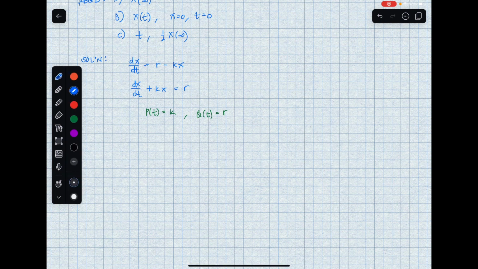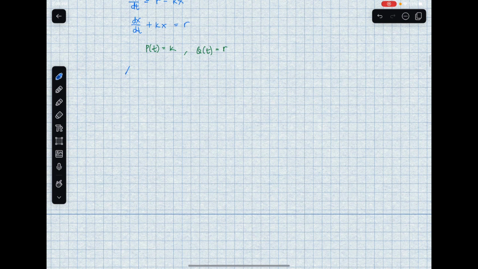So we find the integrating factor. Mu of t then is e raised to integral of k dt, which makes it e raised to kt. Then mu of t times x is equals to integral of q of t mu of t dt. So e raised to kt times x is equals to integral of r e raised to kt dt.